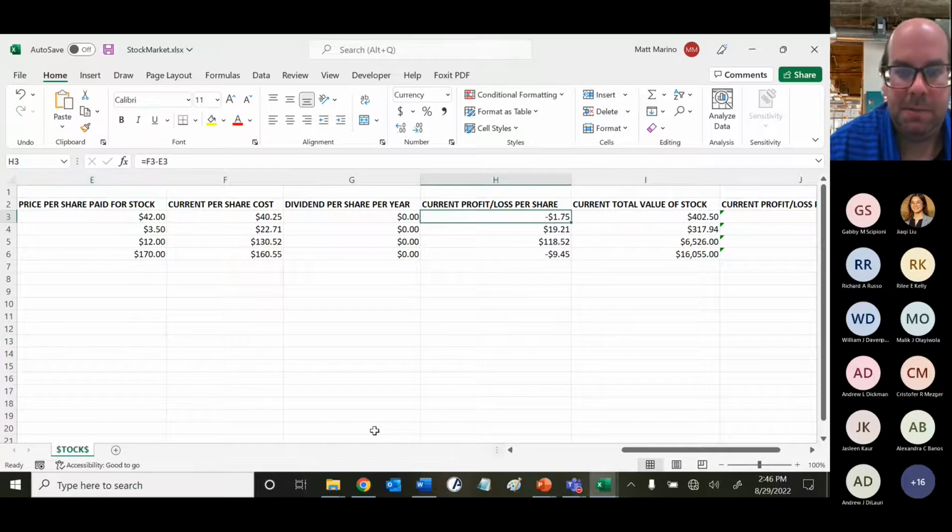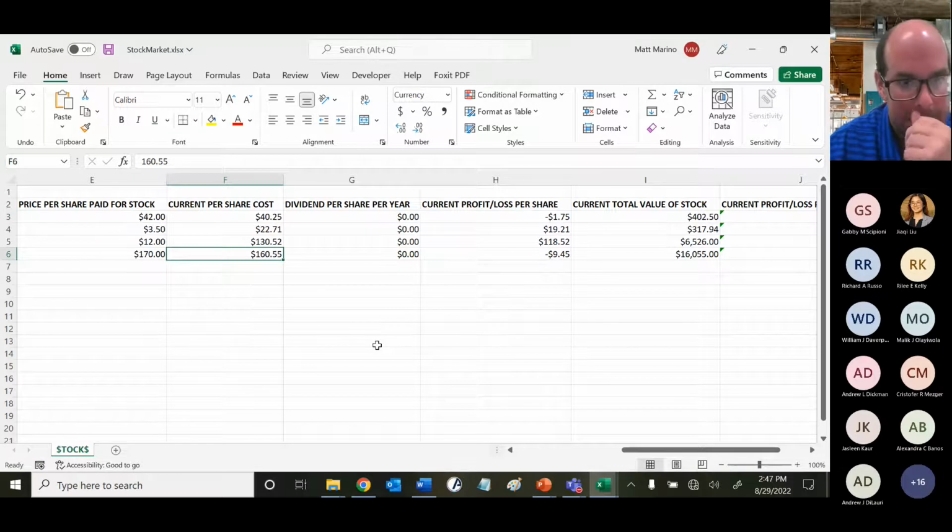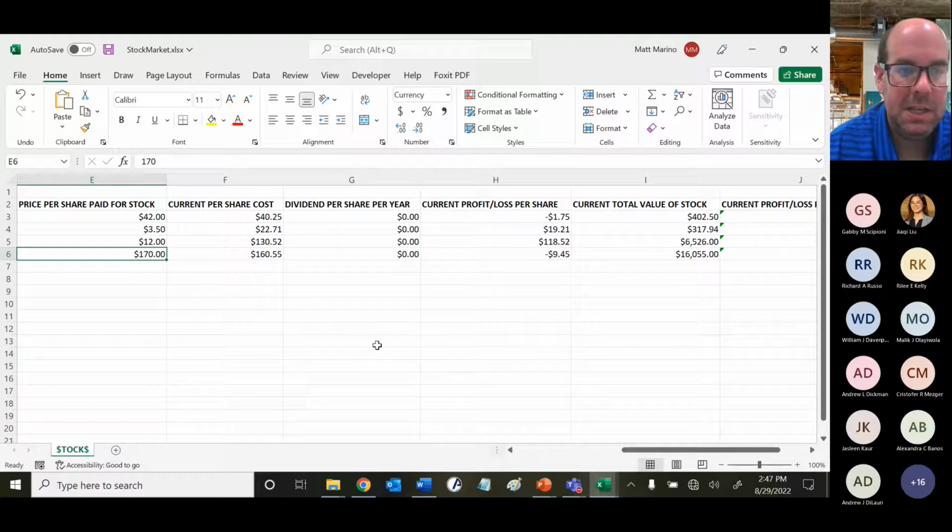So in our first example for Twitter, we lost $1.75 per share because we're subtracting 42 from 425. That's why that is negative. Facebook is also negative because our current cost, or the current price today, is lower than the price we paid. Make sense?